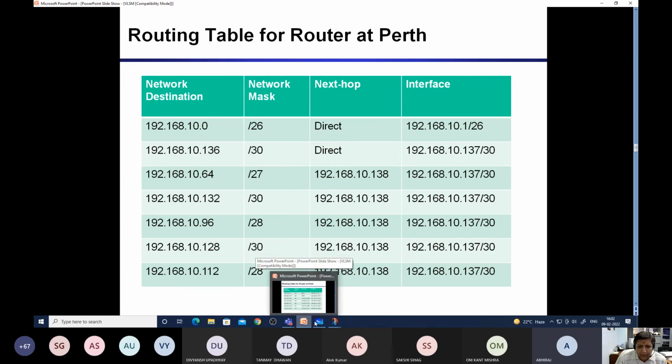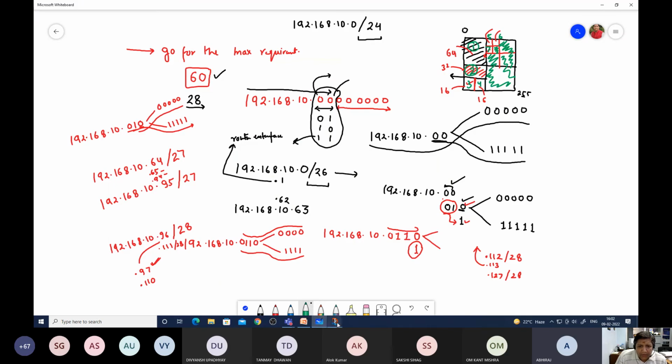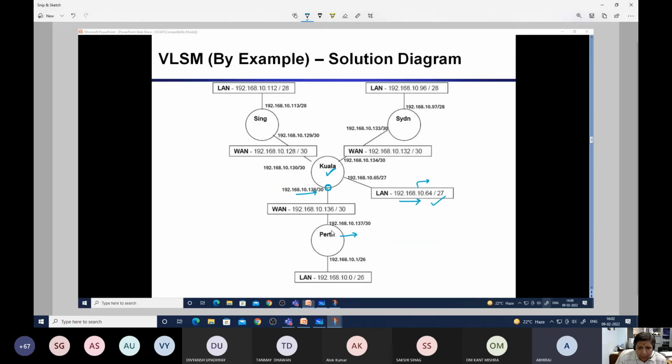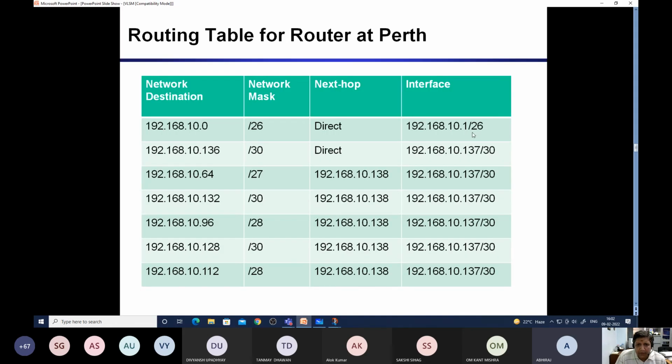You can see in the figure, if you want to go from Perth to this LAN, it is directly connected, but you should throw the packet out of this interface. That's what is written as the interface there, 10.1. If you want to go to 64, the next hop is this, but through which interface should you throw the packet out of this router? It is 1.137. You can see here.